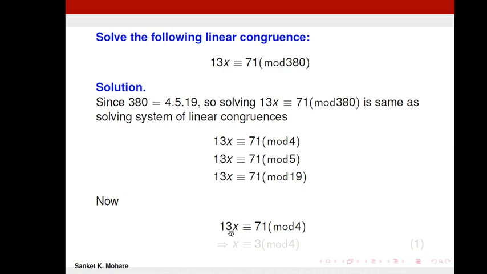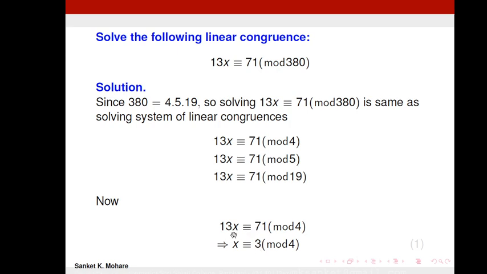So 13 doesn't divide 71. After dividing 13 by 4, what remains here? 1, so 1x. After dividing 71 by 4, what remains here? 3.